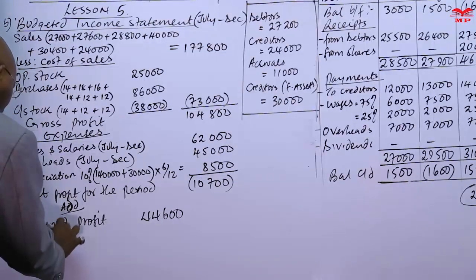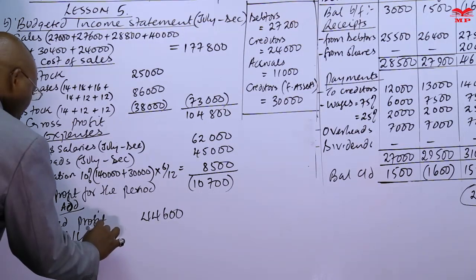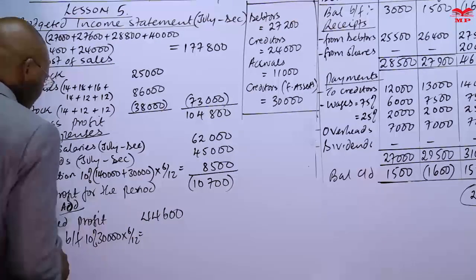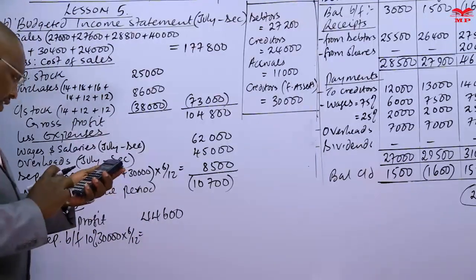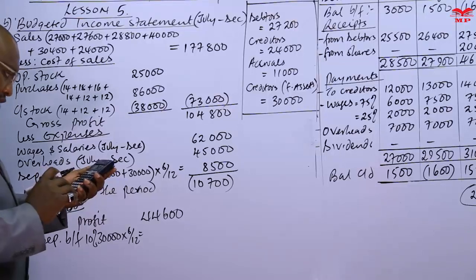So depreciation brought forward 10% of 30,000 times 6/12. This is for the 6 months that are already passed that are not in this period. So you'll be having, this is 3,000 multiplied by 6/12, which is divided by 2. This is actually 1,500.